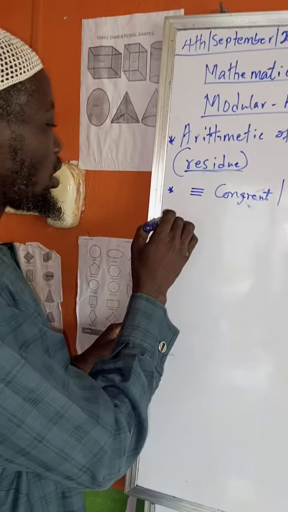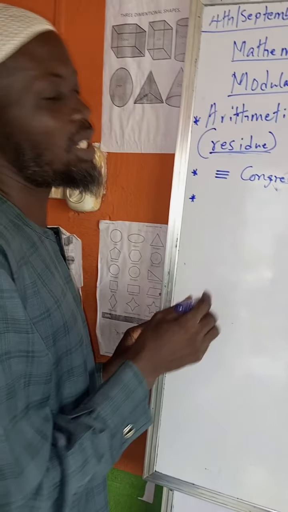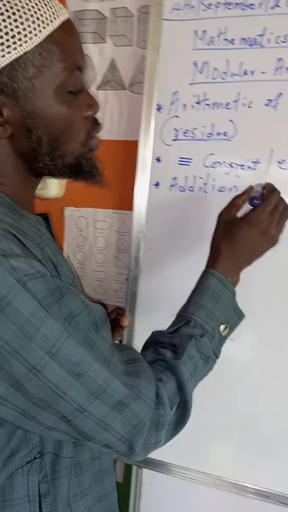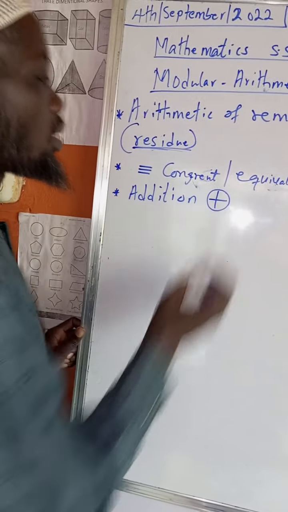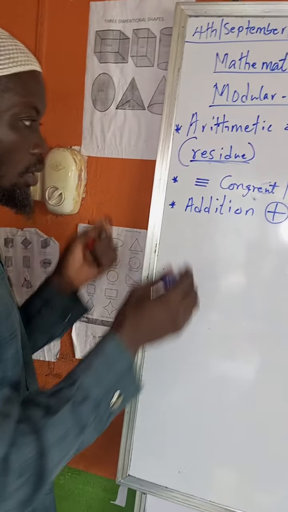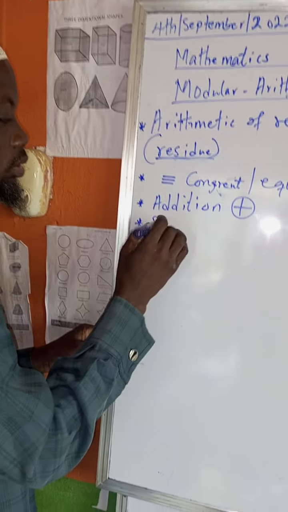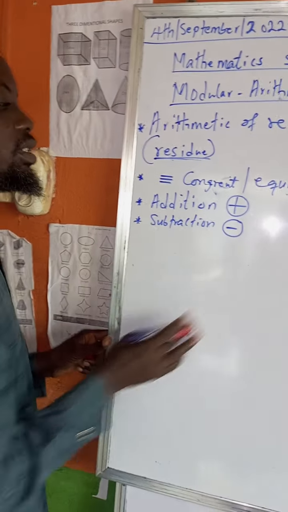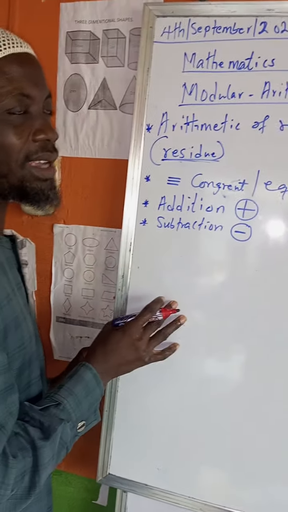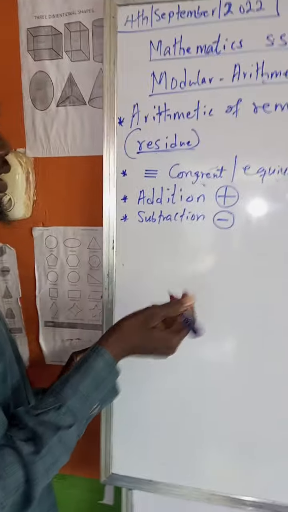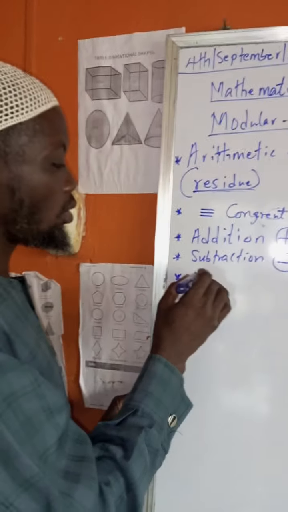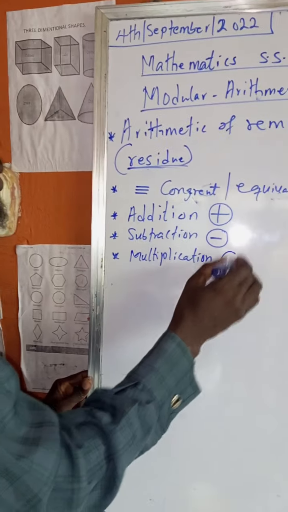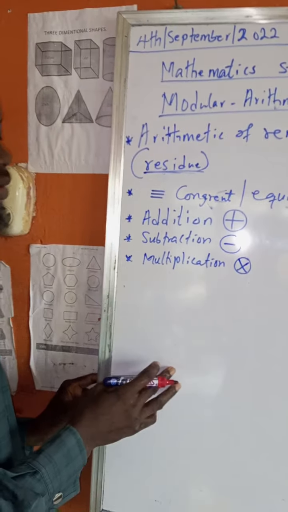Then under modular arithmetic, the addition is written mostly like this, while the subtraction something like this, and also the multiplication like this.